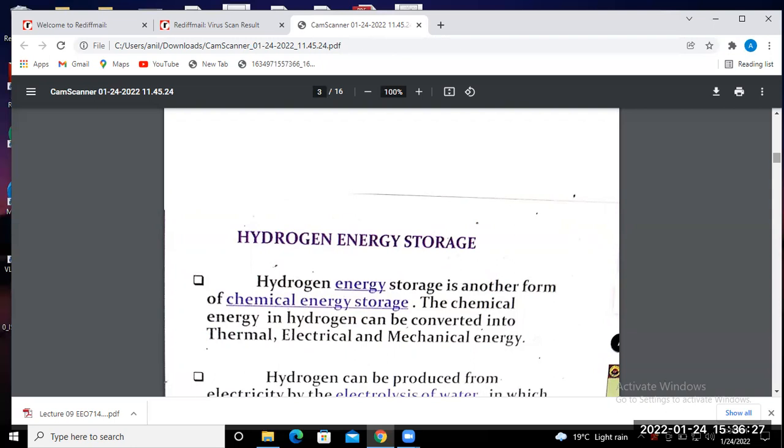Types of energy storage system: the thermochemical energy storage system we already discussed in the previous class.